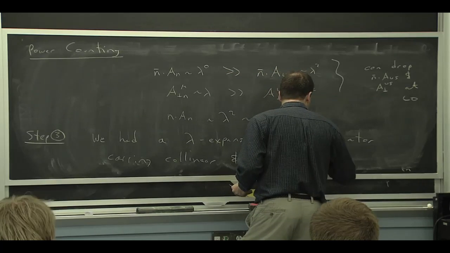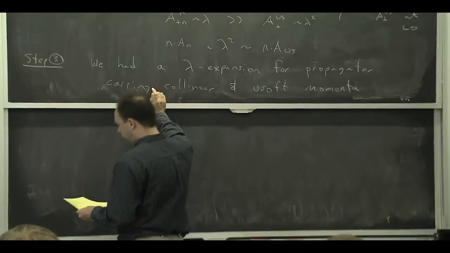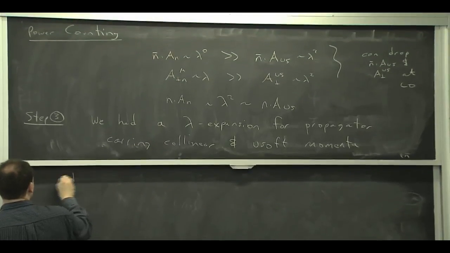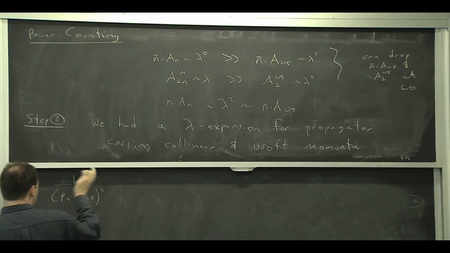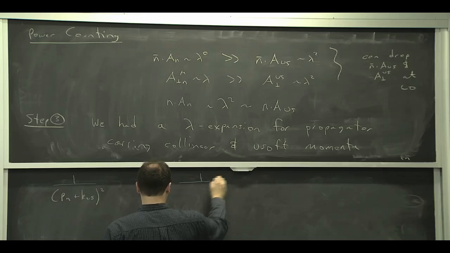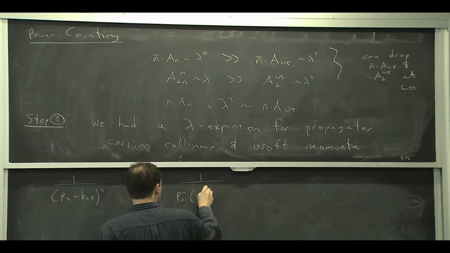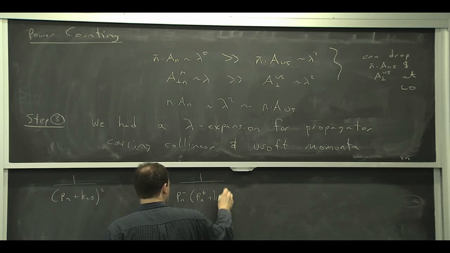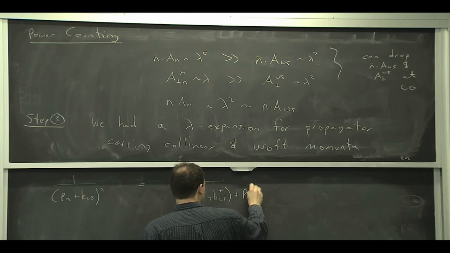And let's just write that down again, but let's keep the next order term. And I'll ignore the numerator, since just looking at the denominator will give us enough information for this discussion. We could do the numerator too. It would just lead to more terms.